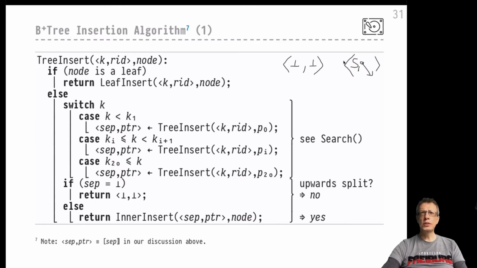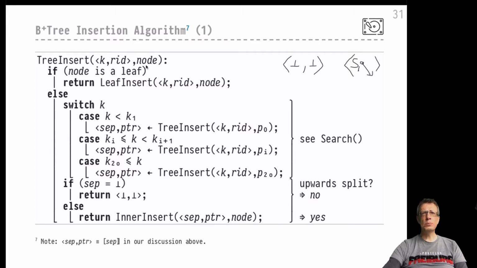This is an indication that a recursive insertion has to happen. So we need the insertion of this particular separator value and its pointer into an inner node of the tree. Okay, so these are the two possible return values. Let's remember that. Now let's look at the insertion routine itself.